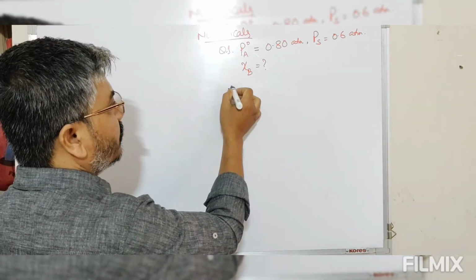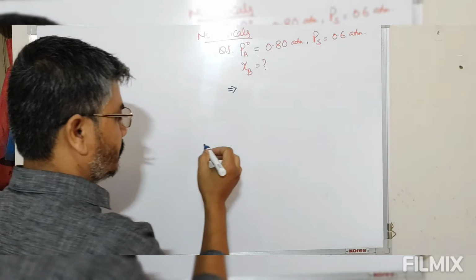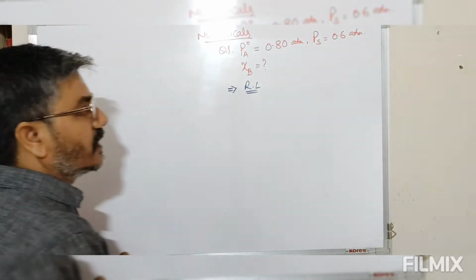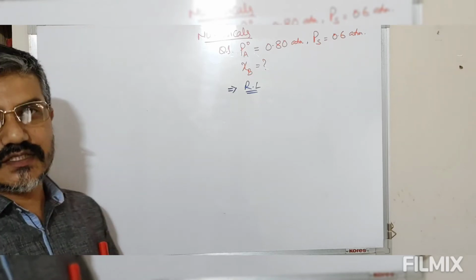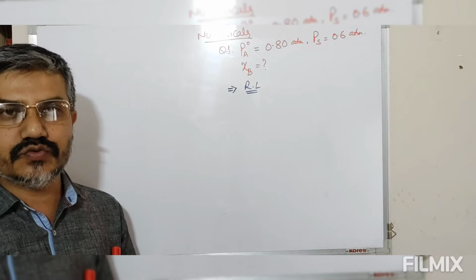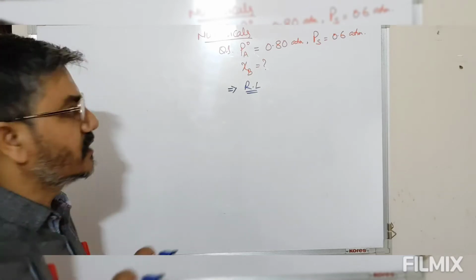Now we use Raoult's law. One of the statements of Raoult's law says that the relative lowering of vapor pressure is equal to the mole fraction of the solute.